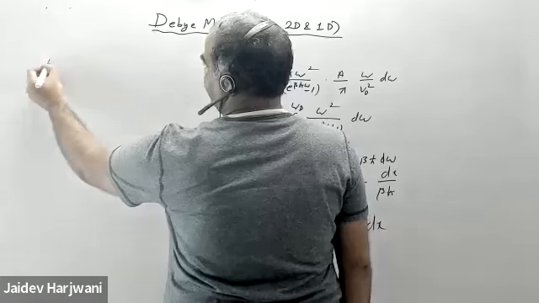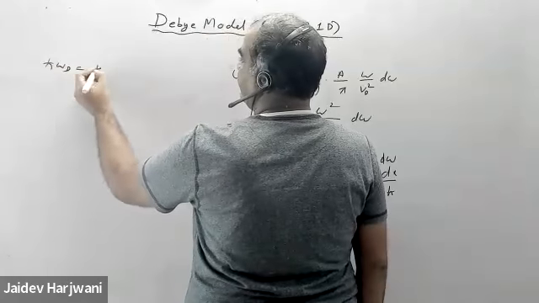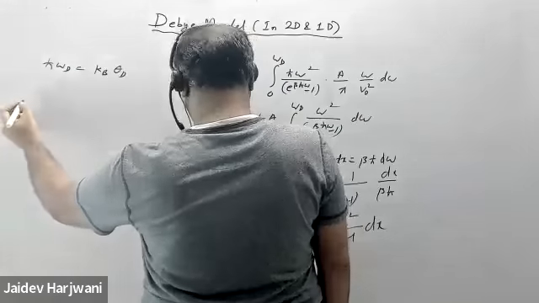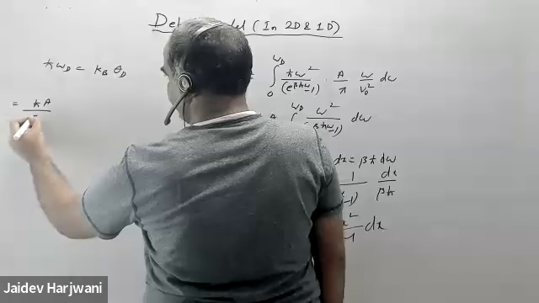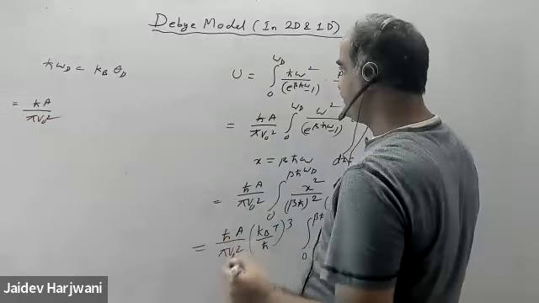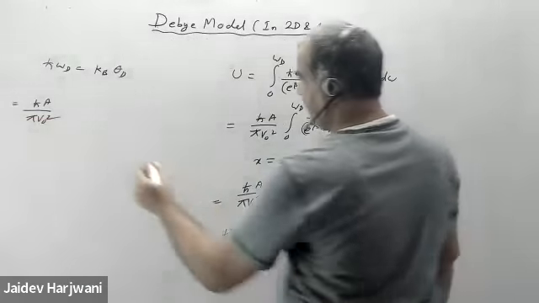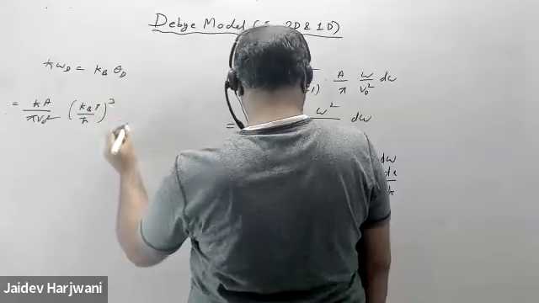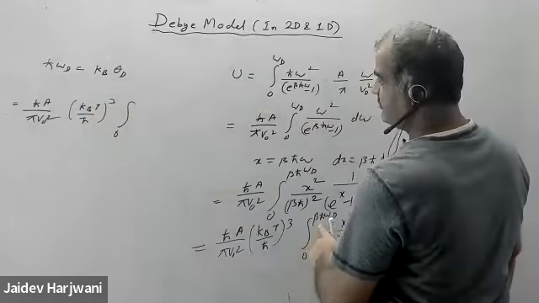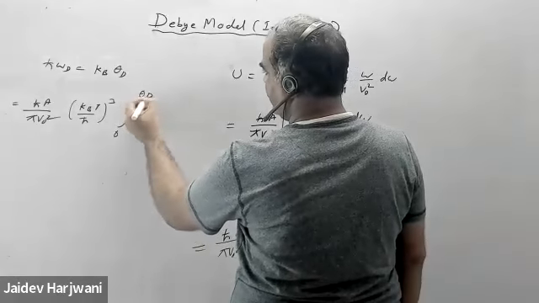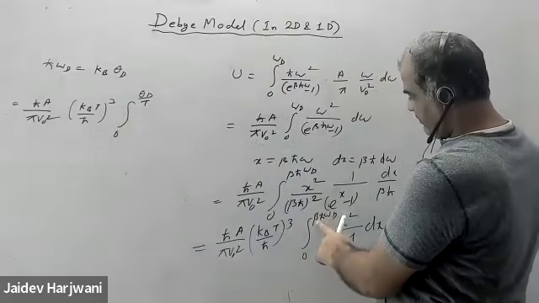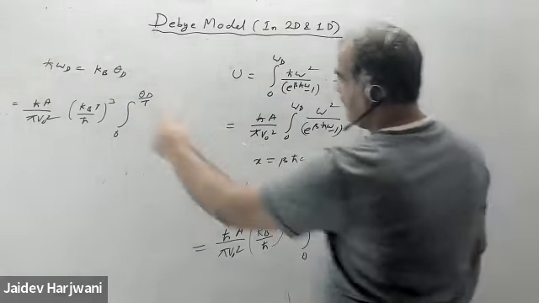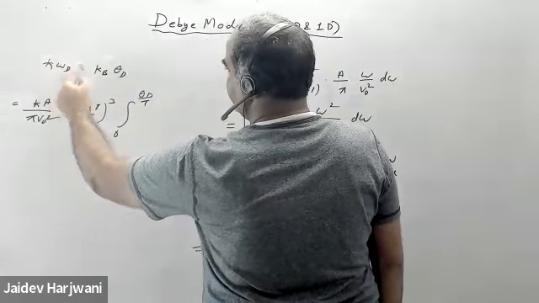So I can write ħω_D equal to k_B θ_D. So the upper limit becomes θ_D upon T, where β is 1 by k_BT, and ħω_D by k_B is θ_D.